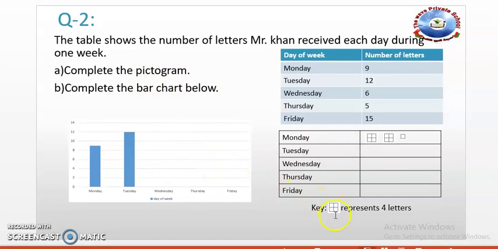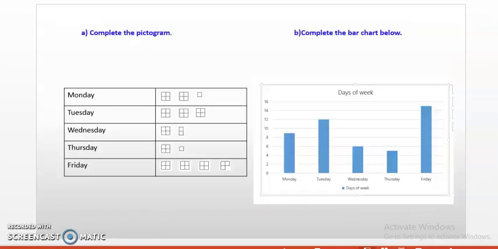So just see, this key represents 4 letters. The number of letters is 9 on Monday. And for Tuesday, the number of letters is 12: 4 blocks, each representing 4 letters, means 4 plus 4 plus 4, which becomes 12.